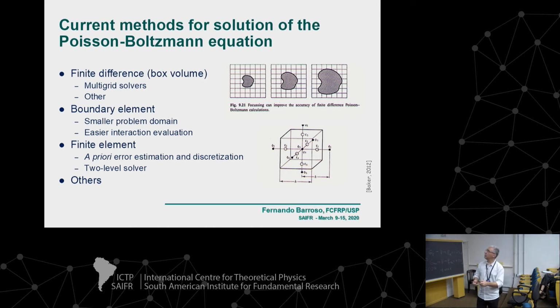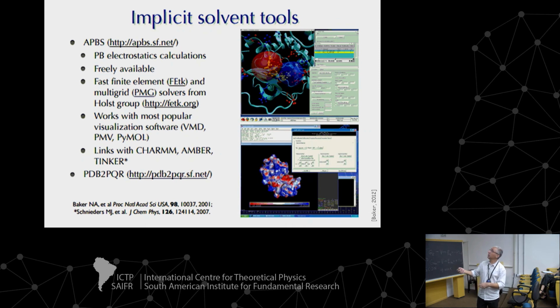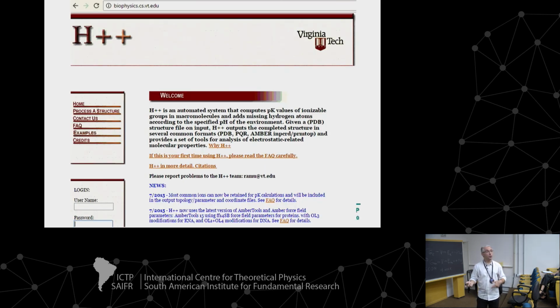And in your simulations, you can use software, not just MEAD, but you can also use the APBS that I already mentioned. There is a web interface. It's also part of PyMol. If you are familiar with molecular packages, in PyMol you can add APBS. If you prefer to use online software for the same thing, there is a version that's called H++. So they do more or less the same thing.